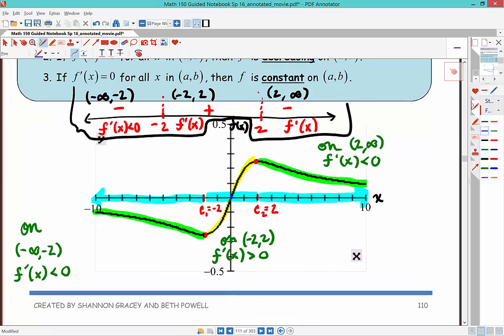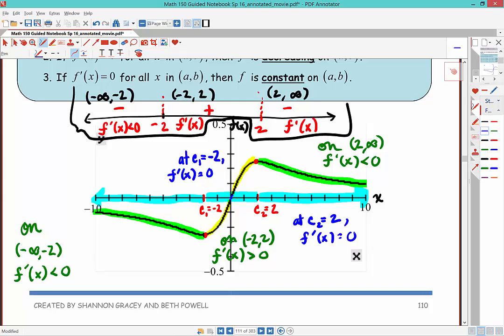Good. There's some different ones. It's at C1 equal to -2, f prime of x is equal to 0. Over here at C2 equal to +2, f prime at x is equal to 0.